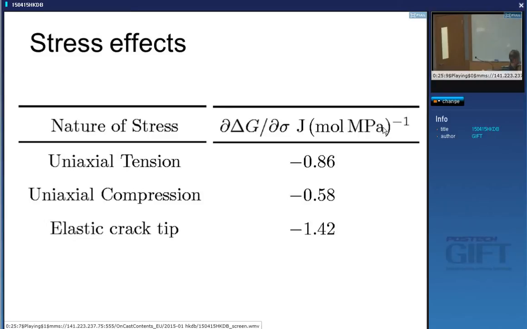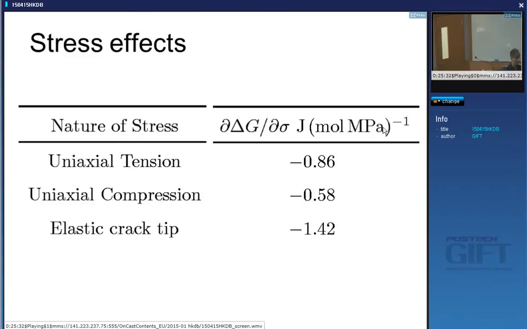So if you're applying 100 megapascals of stress, then it would be 100 times this, okay, in joules per mole. If you are compressing, it still favors martensitic transformation, but to a lesser extent, because compression opposes the volume change, but the shear stress is still there.